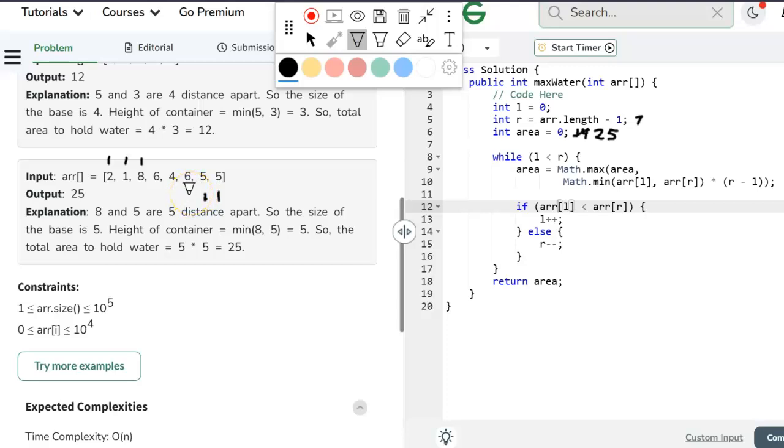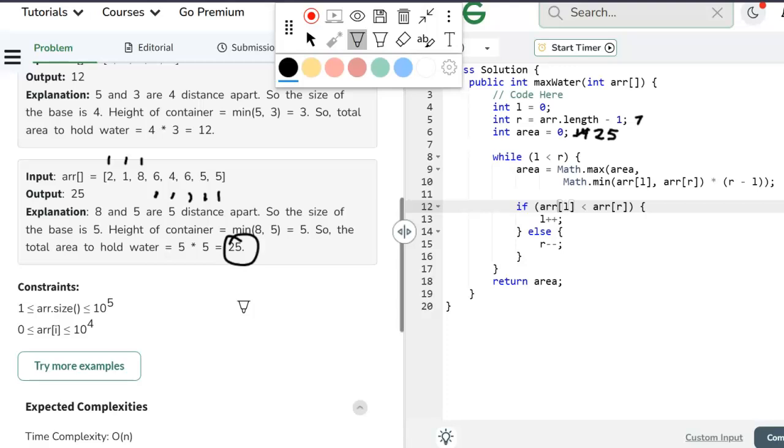So again, we're going to decrement the right pointer. Okay, 6. 6 is better than 5. So to compute the area from here, it's 6, the min of 8 and 6, times the width, which is only 3. So that's going to give us 18. And again, going further with this is not going to help us either. So the answer is going to be 25.